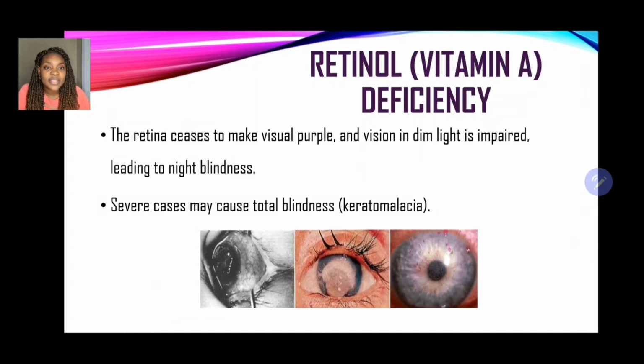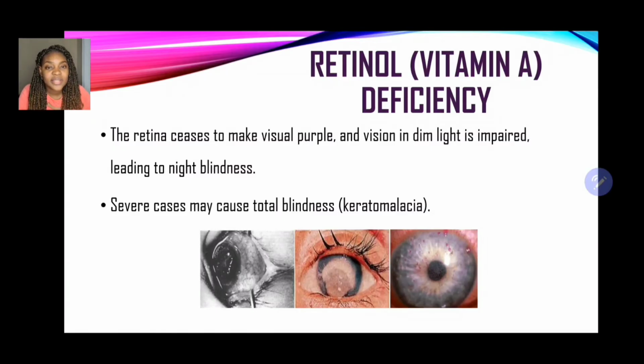Now, the retina ceases to make visual purple, and vision in dim light is impaired, leading to night blindness. Now, severe cases may cause total blindness, and this condition is called keratomalacia. Major deficiency in vitamin A or retinol in the diet or in the body will cause night blindness, and in severe cases we speak of what? Total blindness.